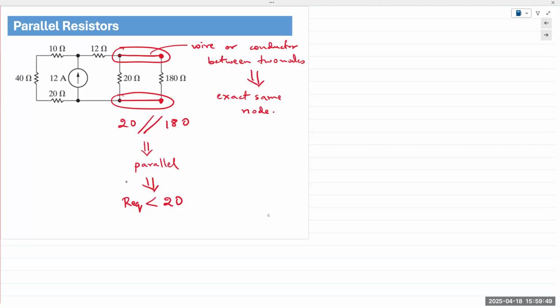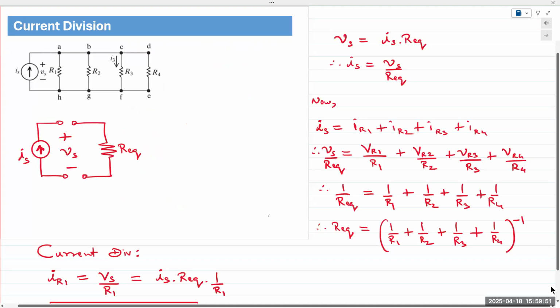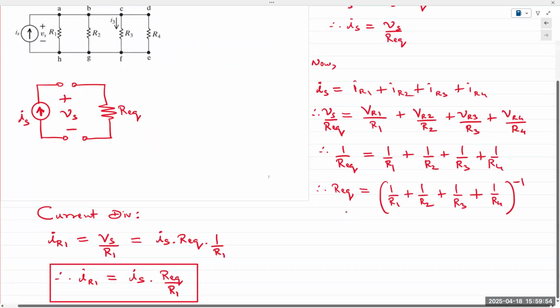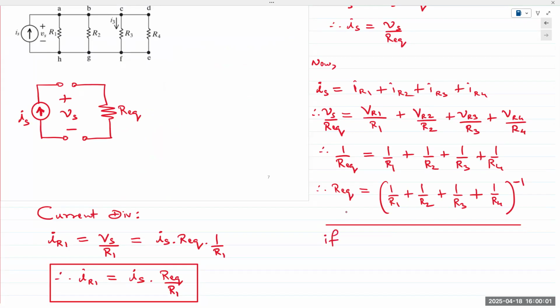One other thing about parallel connection. If you have n number of resistors connected in parallel, all with the same value R, then what is REQ?